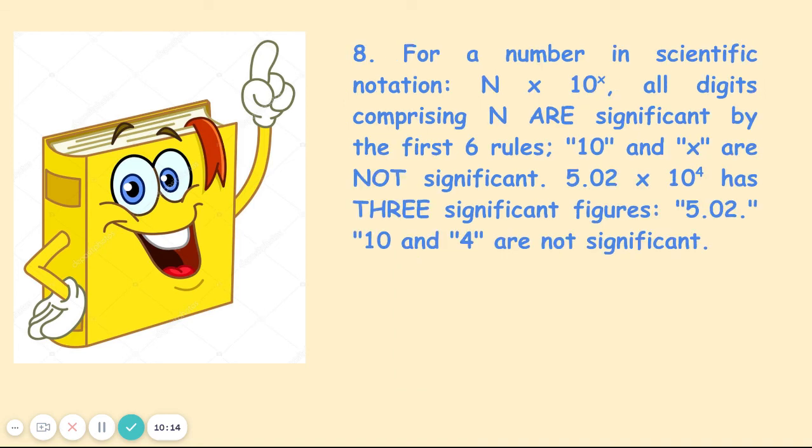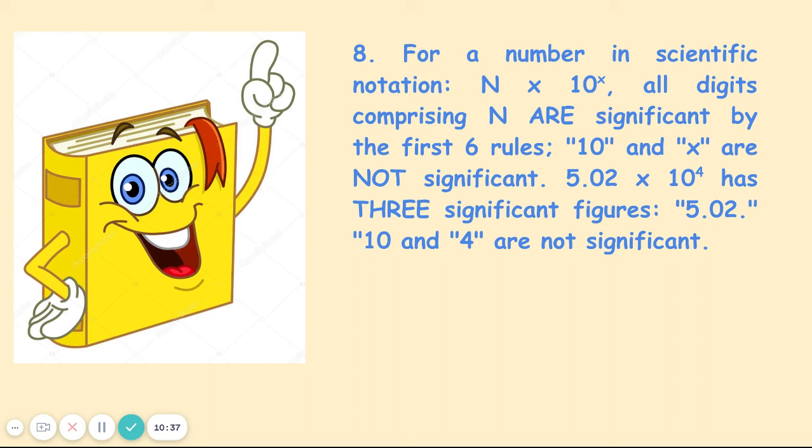Ganun lang po yun. So, last rule, rule number 8. So, rule number 8, for a number in scientific notation, n times 10 to the x, all digits comprising n are significant. So, lahat ng nandun sa n are significant by the first 6 rules. 10 and x are not significant, so hindi sila kasali.